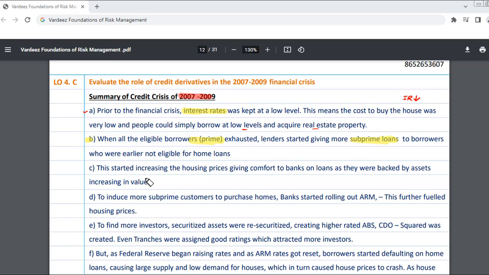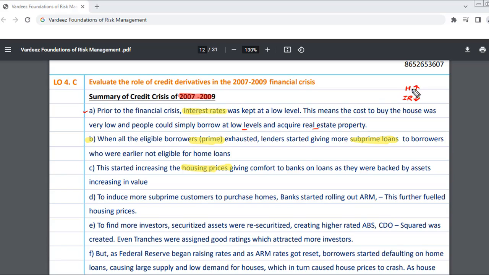Then we have to appreciate the fact that housing prices were actually increasing before the financial crisis, because if the interest rate is going down, there is going to be a lot of demand for houses. As we all know, when the demand for any product goes up, the prices will also go up.